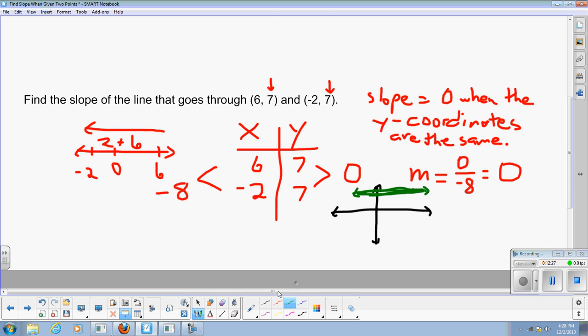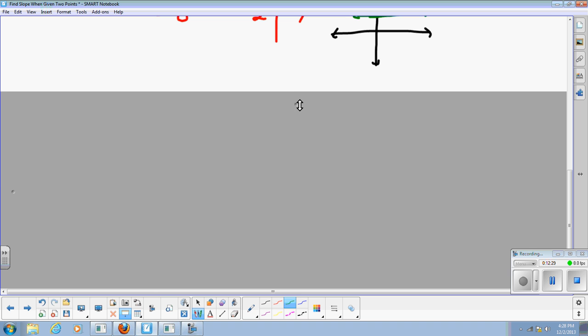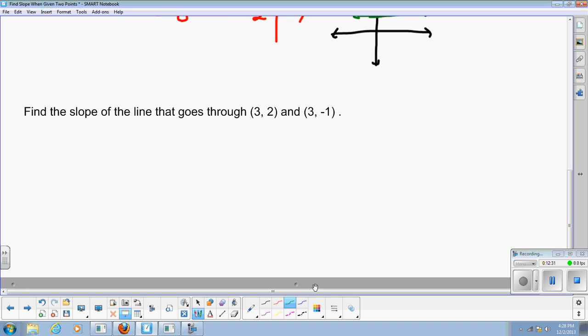All right, let's go down to one more. One last one. Now I have: find the slope of the line that goes through 3, 2, and 3, -1. No graph to put it on. That means we're going to build our t-table. So an x-y t-table. 3, 2 are my coordinates. 3, -1.